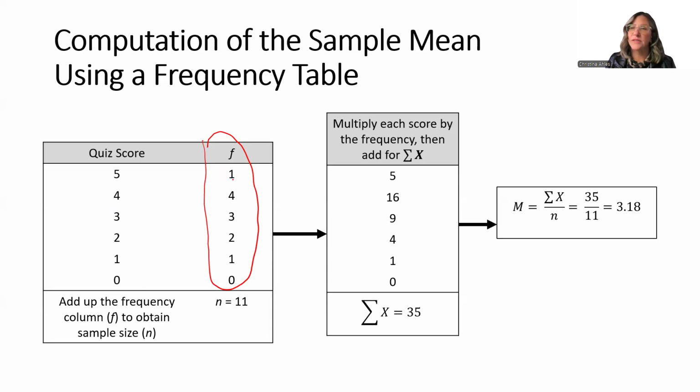So for the number of participants, or the number of observations, we add up our frequencies. So 1 plus 4 plus 3 plus 2 plus 1 plus 0 is 11. In this case, we're talking about a sample. That's our sample size. 11 people participated.